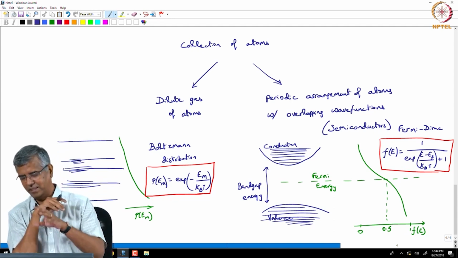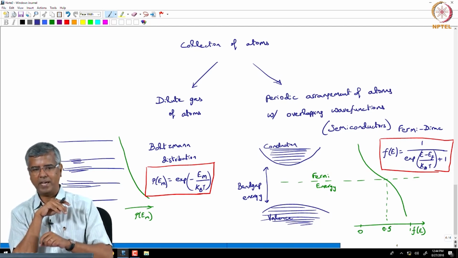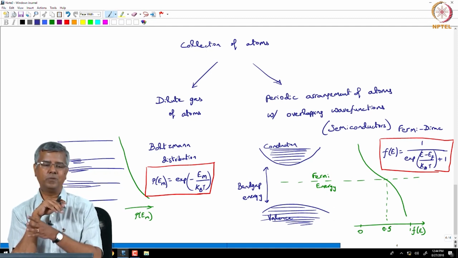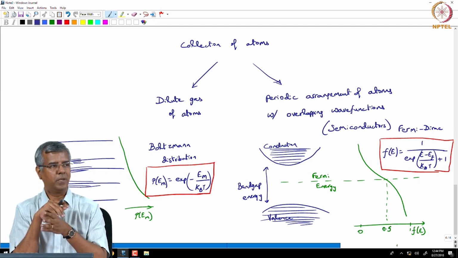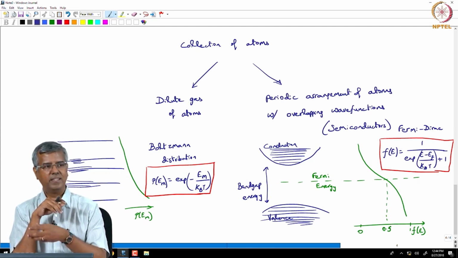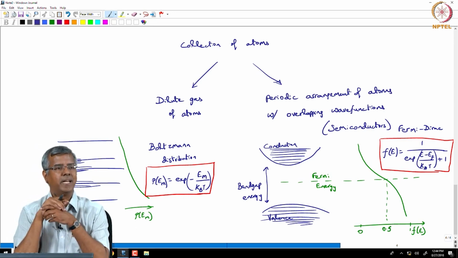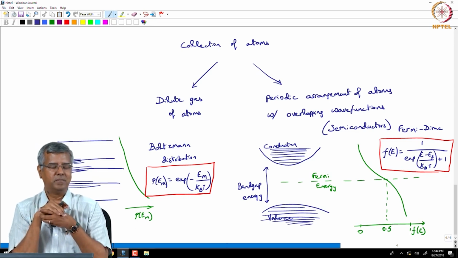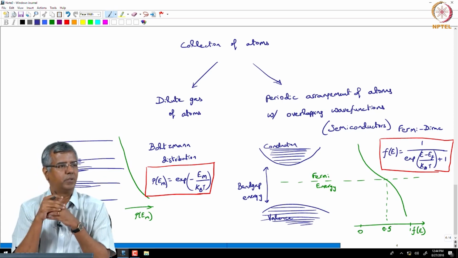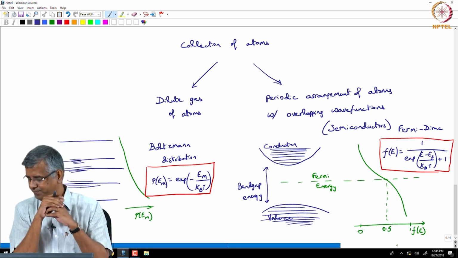Whereas here it is, yes, you can say that okay, I am doing the absorption spectroscopy and only beyond a certain frequency it starts absorbing. So, then you say okay, I can figure out my band gap energy based on that, but beyond that you cannot tell what exactly that material is.